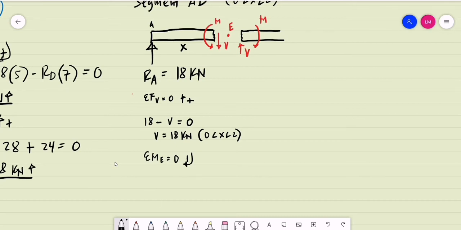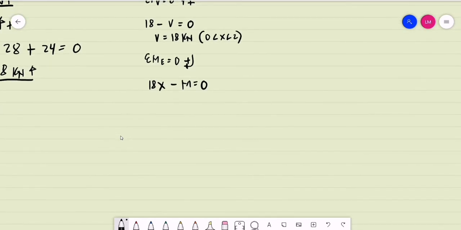So we have 18 multiplied by the distance x minus the moment M at the cut section equal to 0. So the moment equation is simply equal to 18x. This equation is applicable for the interval 0 less than x less than 2 meters.